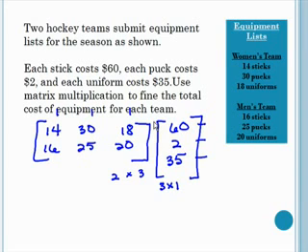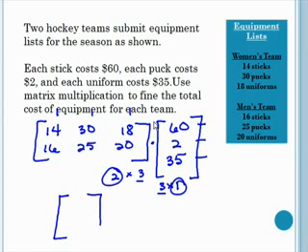So we are going to multiply those together. Now look what happens when we multiply. Because we have the inside dimensions, we are going to end up with a 2 by 1. And that 2 by 1, so 2 rows, 1 column, is going to multiply the cost for us. So like for the first one, this is the women's team here. If they're buying 14 sticks at $60 a piece, we multiply that to see how much the cost for all 14 sticks is.